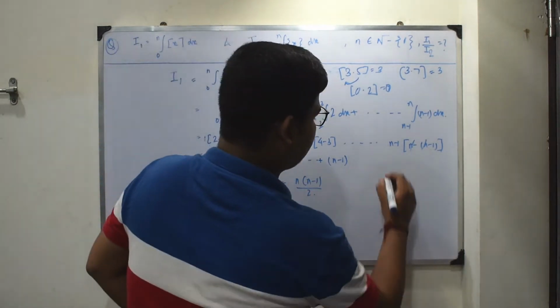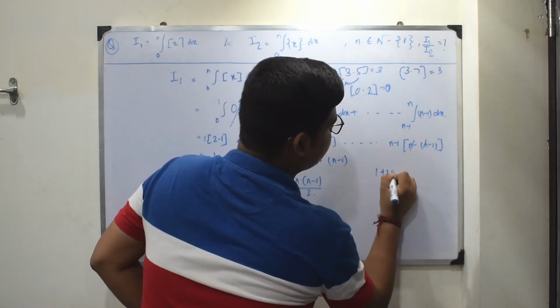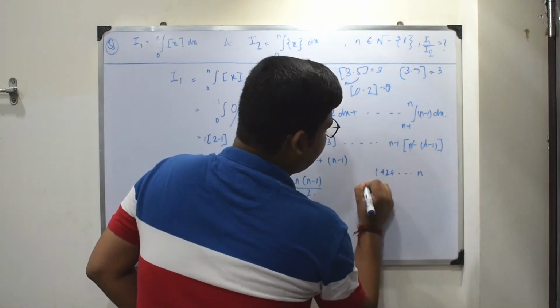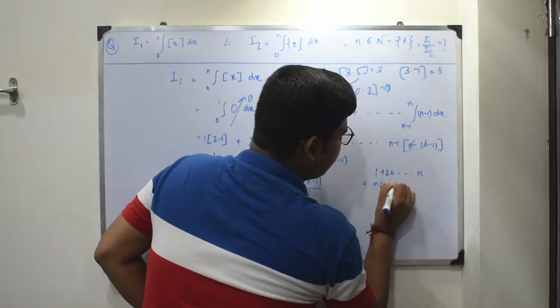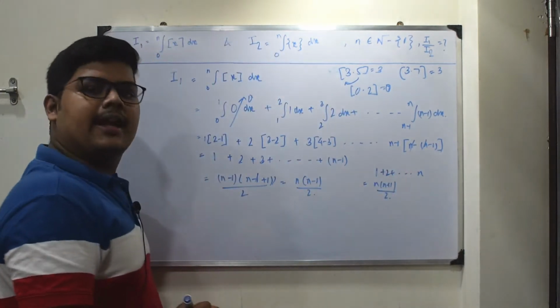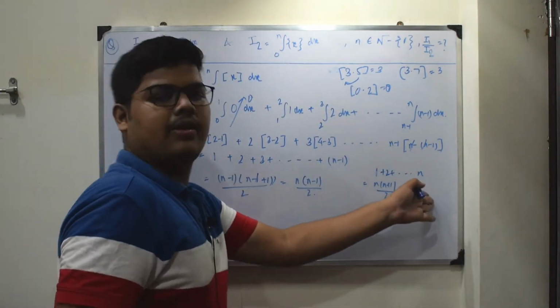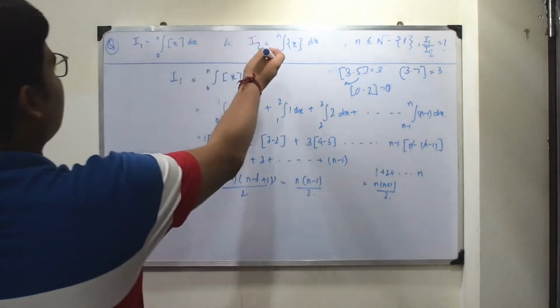The concept used here is 1 plus 2 plus until n gives us n into n plus 1 upon 2. This is the summation of the first n natural numbers. If you don't know this concept, you can write it down somewhere.